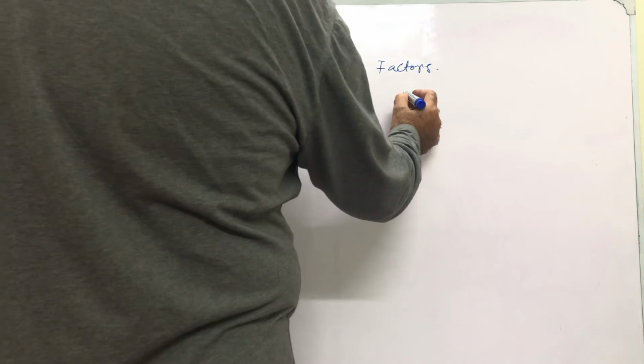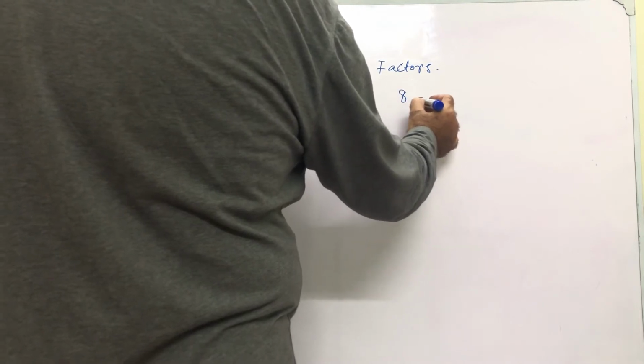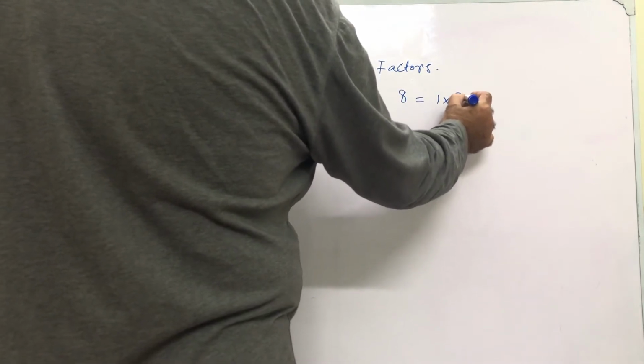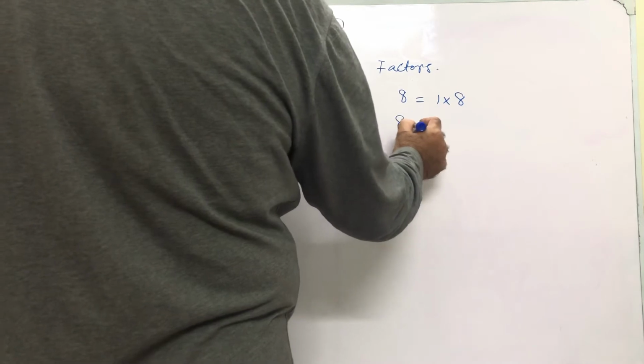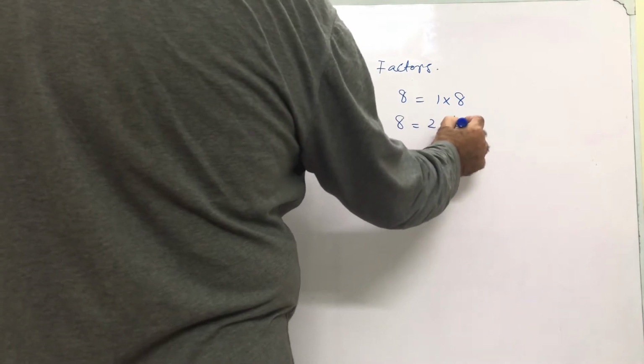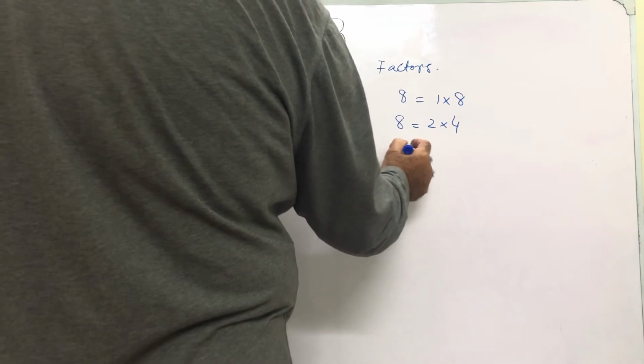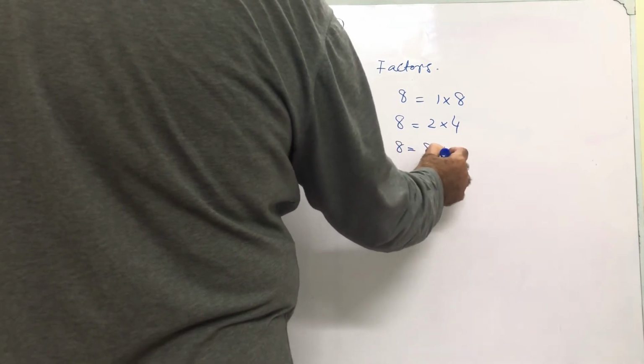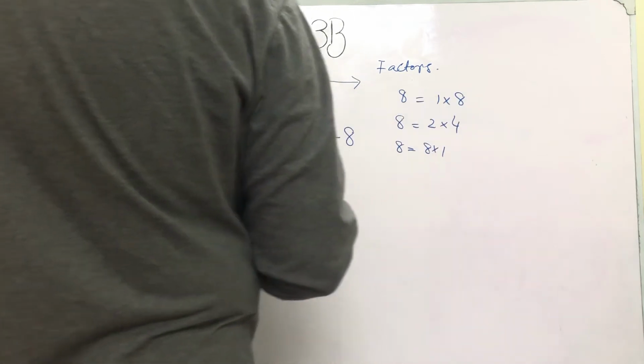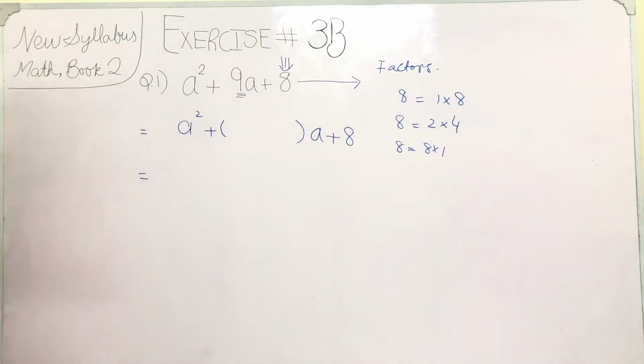See, 8 has factors 1 into 8, then 2 into 4, then 8 into 1. These are the same. Okay, so these are the factors.